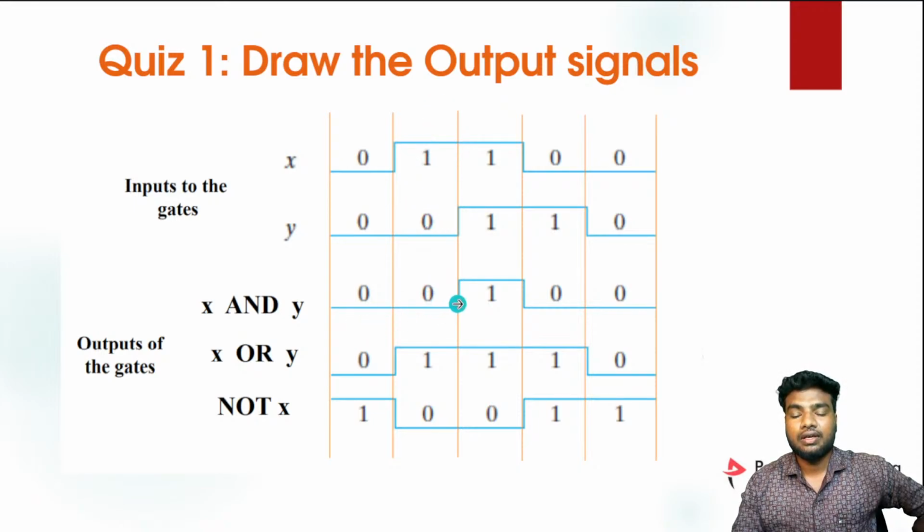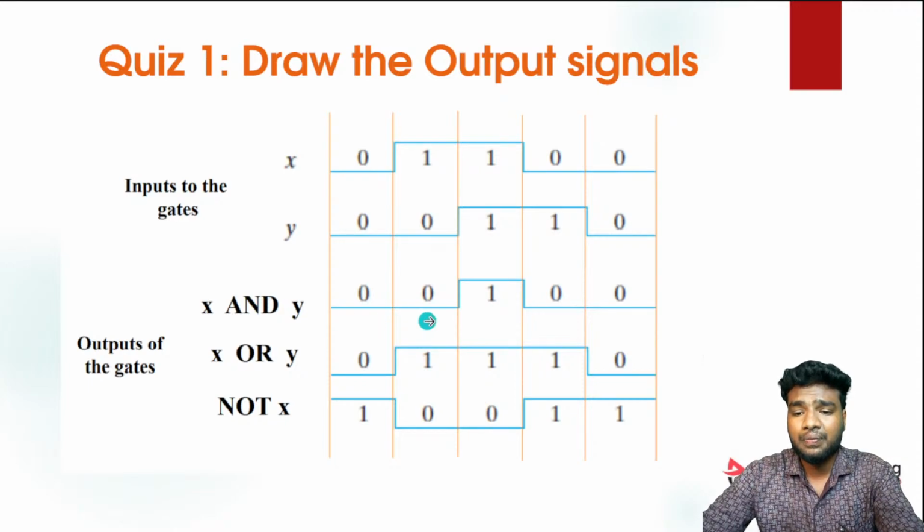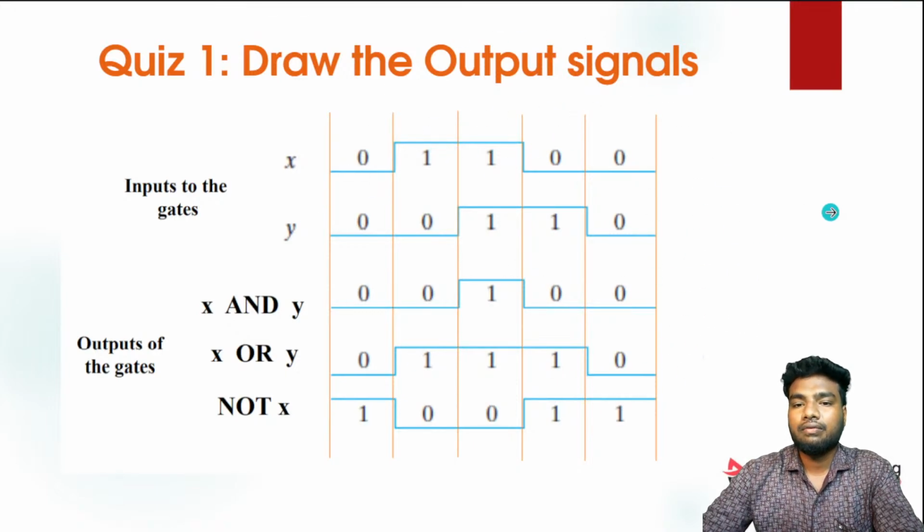If you can see here, in the AND waveform I'm getting 0, but in the OR waveform I'm getting 1. Why? Because by doing the OR operation of 1 and 0, you will get 1 as output. 1 plus 0 equals 1, and 1 into 0 is 0. This is the same thing we saw in the truth table.